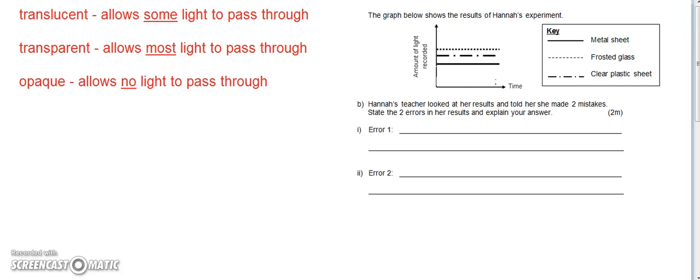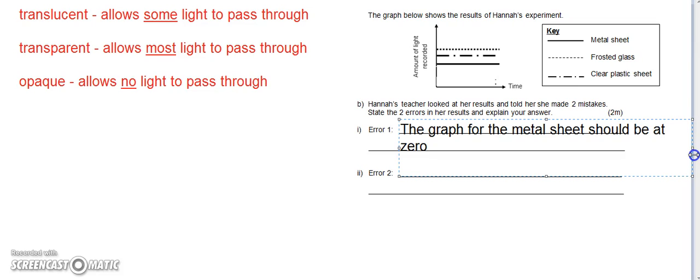The first mistake is that the line or the graph for the metal sheet should be at 0, isn't it?